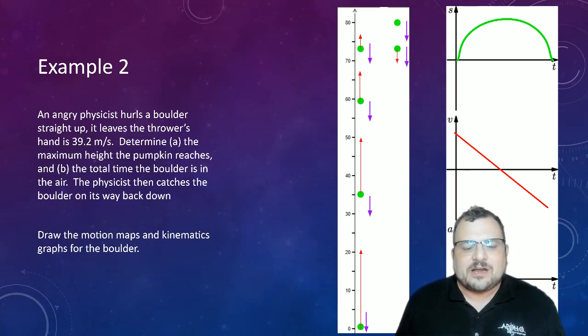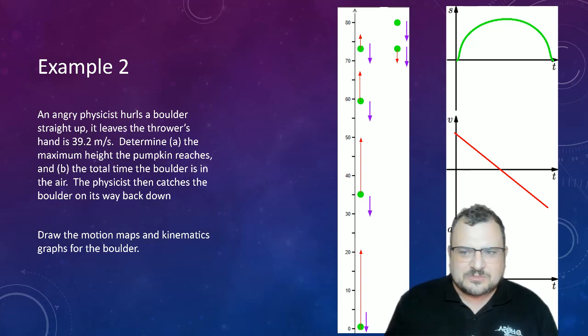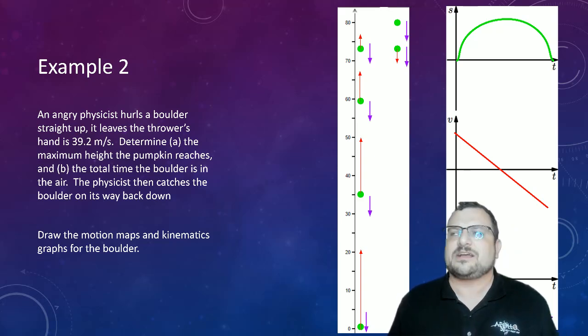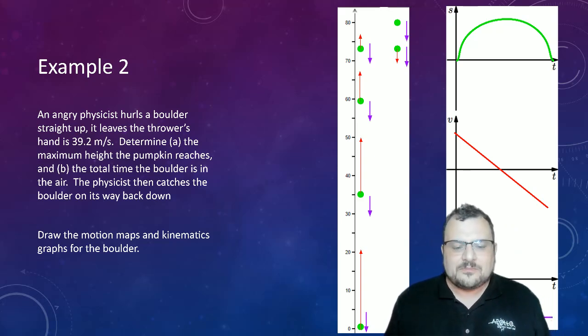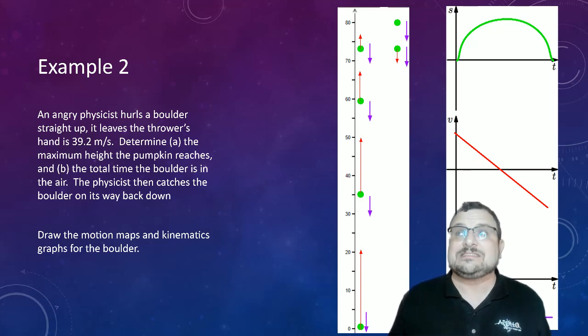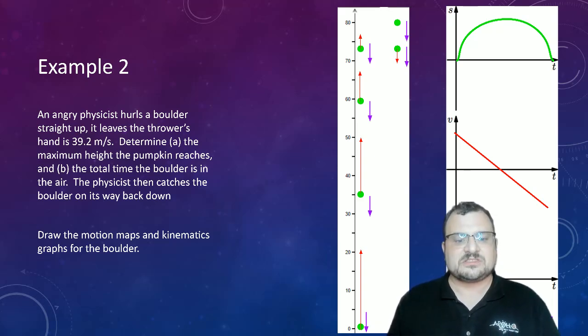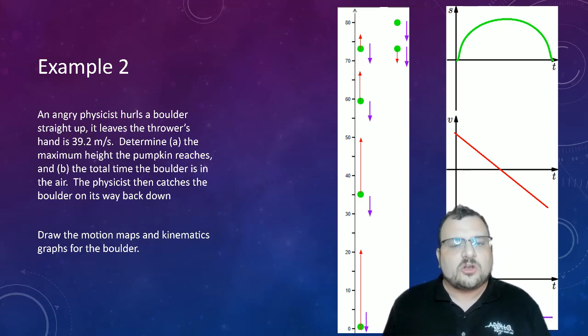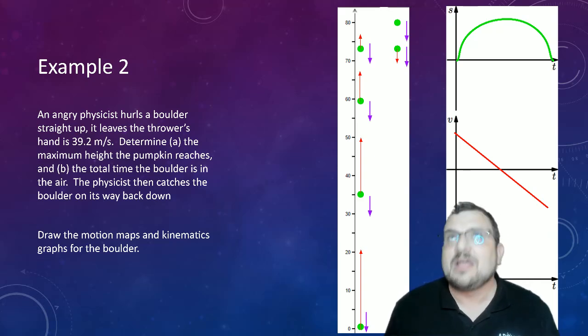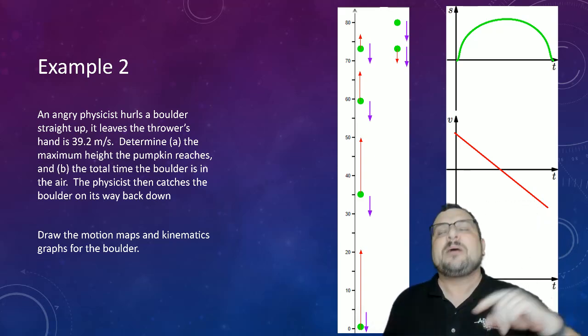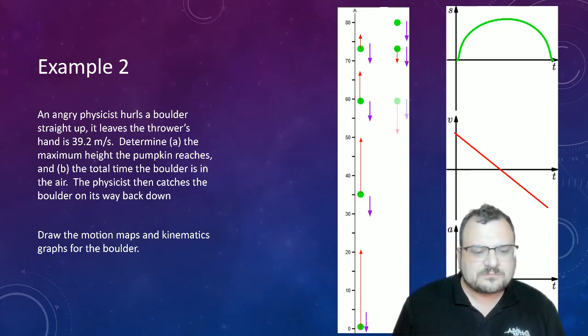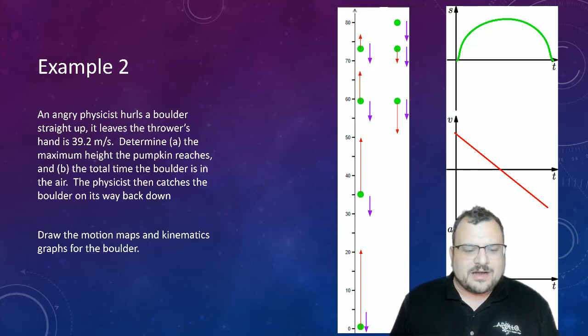1 second later, we are now moving down at 9.8 meters per second. And again, same acceleration. Now, this is kind of nice because our graphs and our motion maps are going to be symmetrical with time. It's going to be the same time going up as it takes coming down. We're now at 6 seconds.